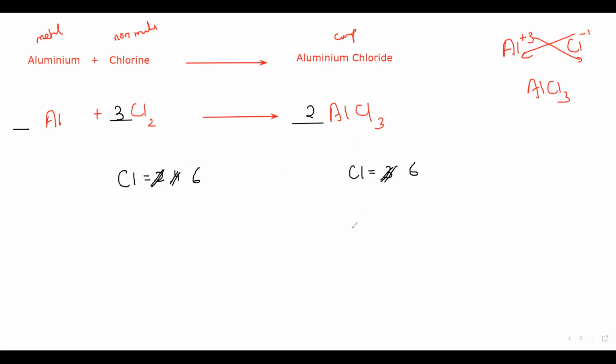Then about aluminium, on the right hand side you can see there are 2 aluminium because this 2 is with both aluminium and chlorine. On the left hand side you can see only 1 aluminium. So you want to make 2 aluminium. So if I put 2 here, that will make 2 aluminium. So this equation is balanced in terms of chlorine and in terms of aluminium.